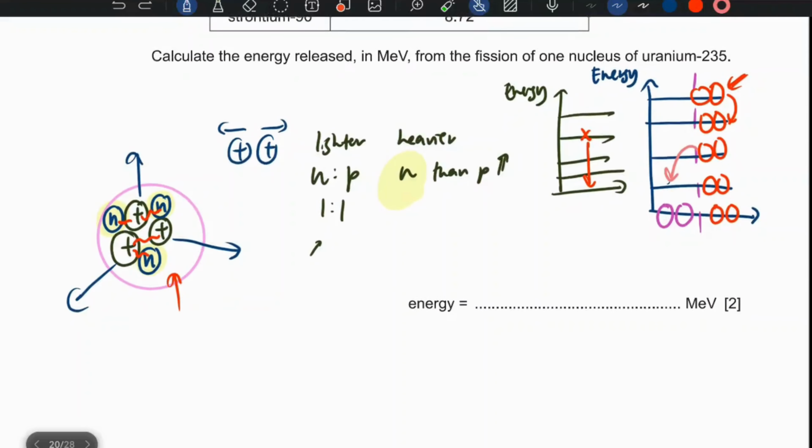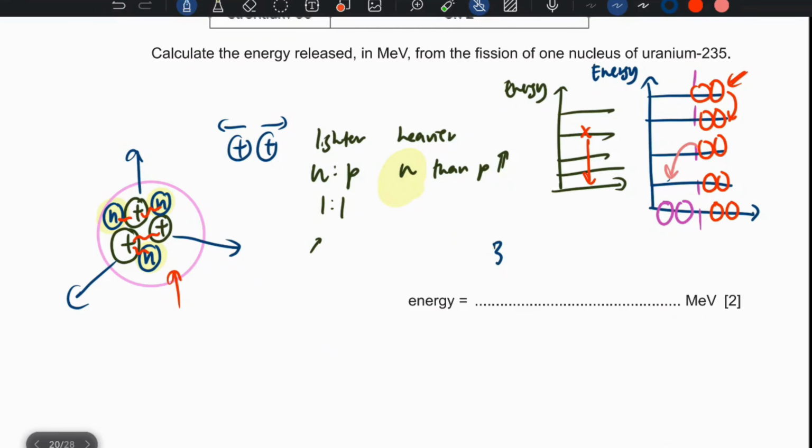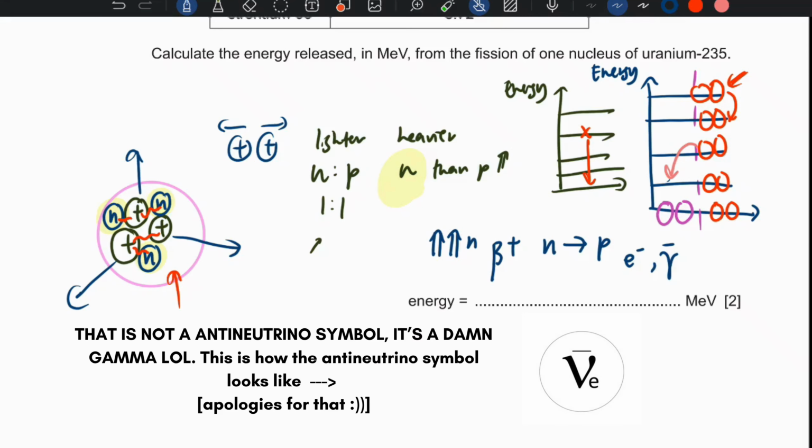Yes. There's something called beta plus decay. When a nucleus has way too many neutrons, it can undergo beta plus decay to reduce the neutron to proton ratio. In beta plus decay, a neutron is transformed into a proton while releasing a positron as well as a neutrino.